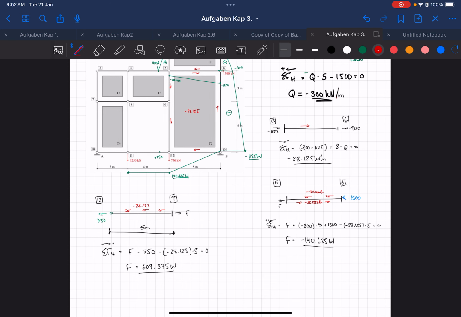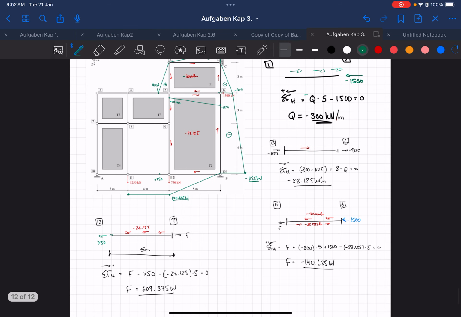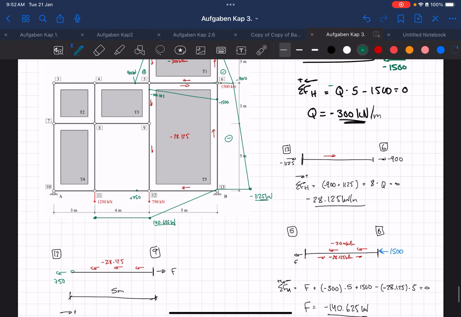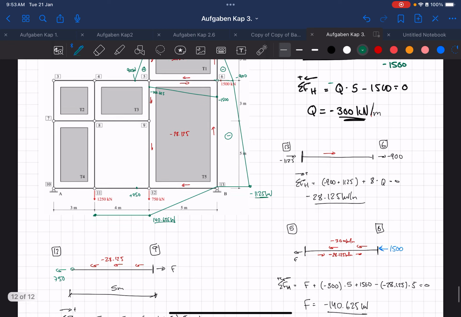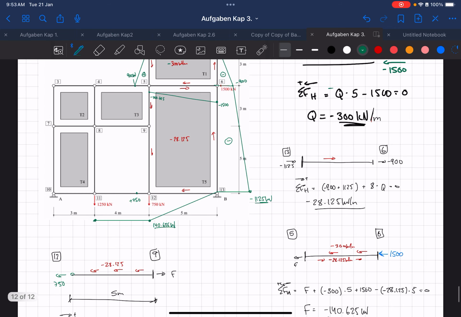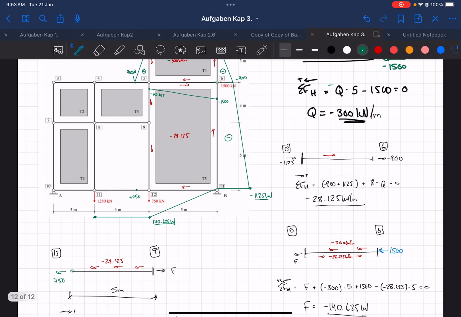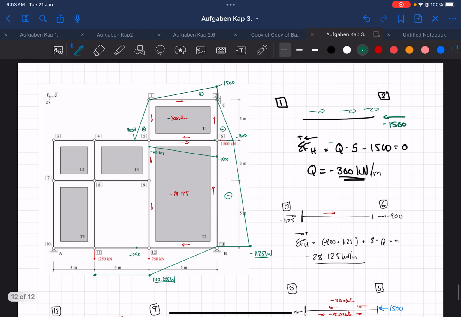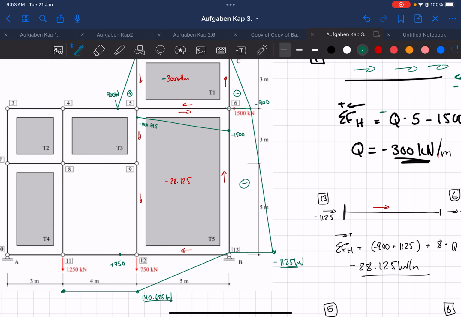This is then 609. So it goes down and then it goes back up. Interesting. Maybe I'll wait and see what happens, but I'm a bit skeptical over this result. But yeah, 609 then.